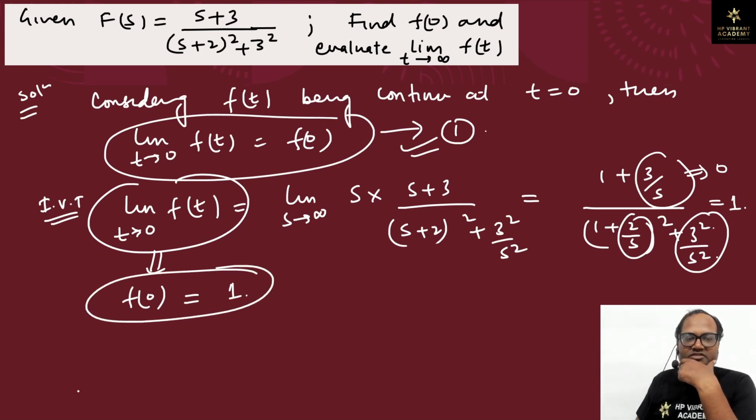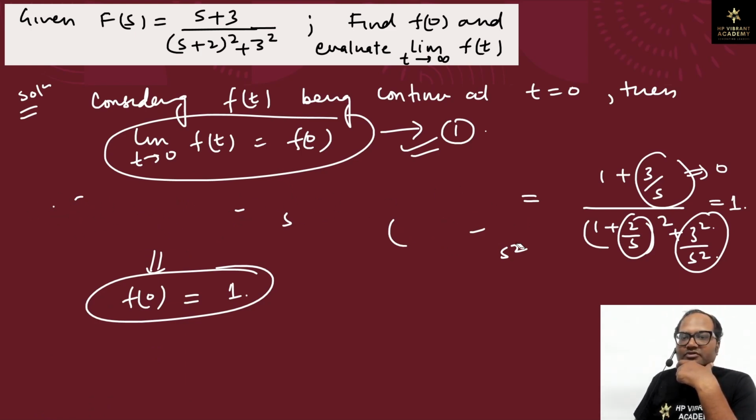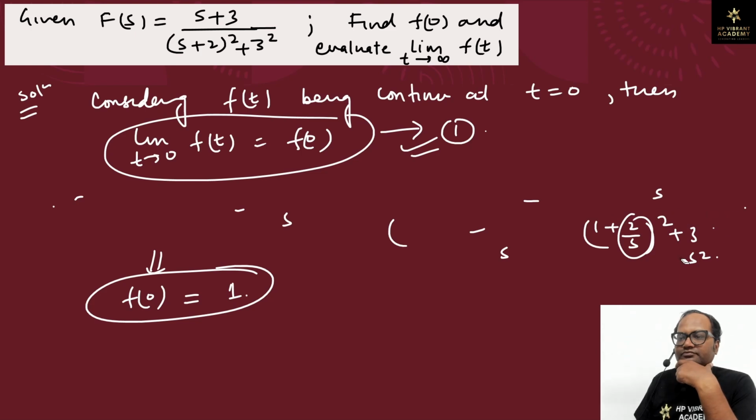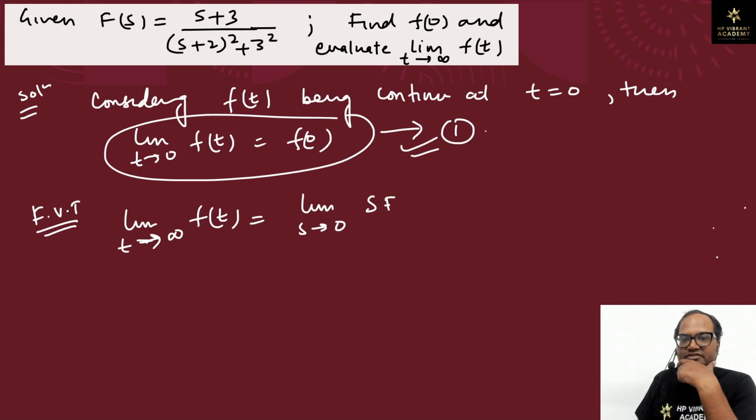Now let us find the second part of this question. For this we have to use the final value theorem. Using final value theorem, we have limit t tends to infinity f of t is equal to limit s tends to 0 sF(s).